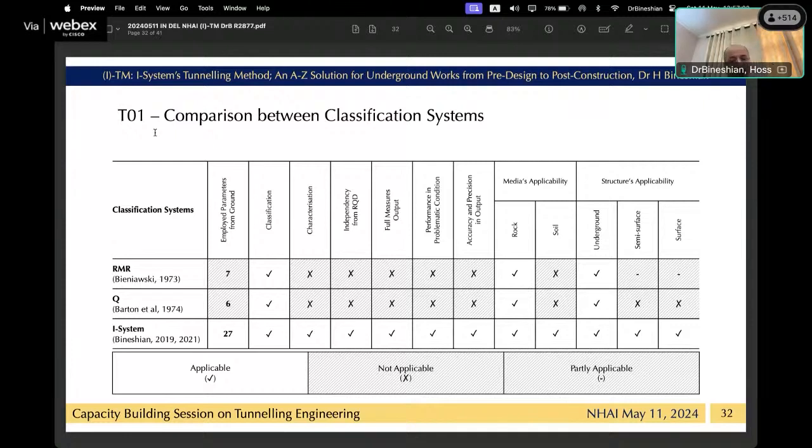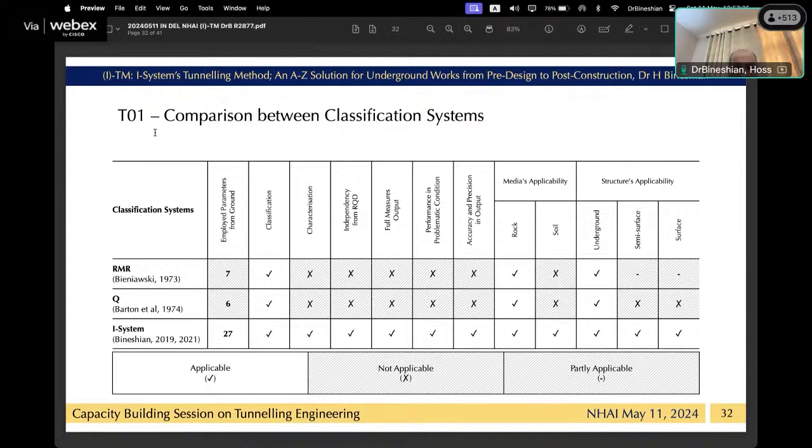In RMR and Q, some of the parameters should be extracted by machines or by some testing methods, but in the I system, there is no testing required, only geologists or an engineer. And as it contains 27 parameters, precision and accuracy is high.